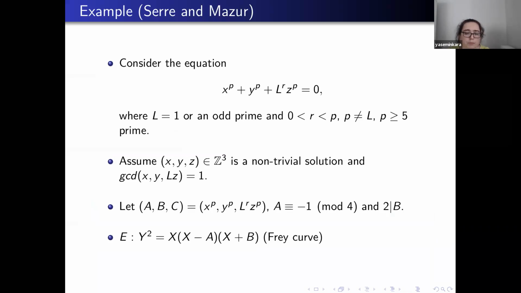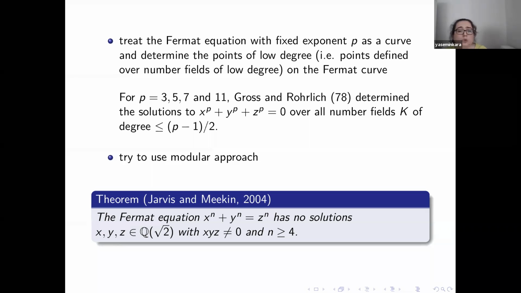Okay, but our aim is to get a result for many number fields, and not as in the first approach. In the first approach, they fix p. We don't want to fix p. We don't want to fix any number field. So we would like to vary number fields, and we would like to vary p.